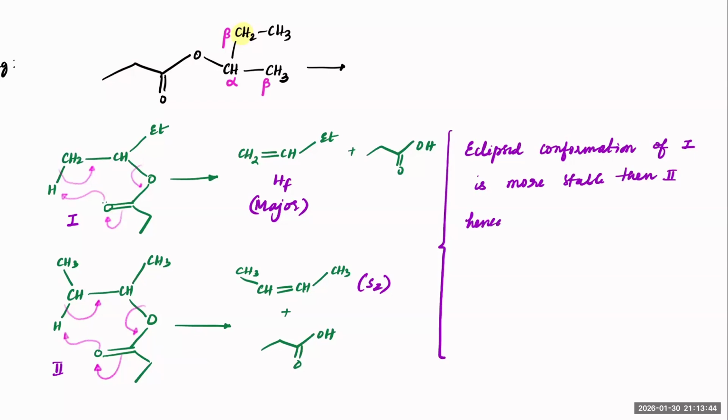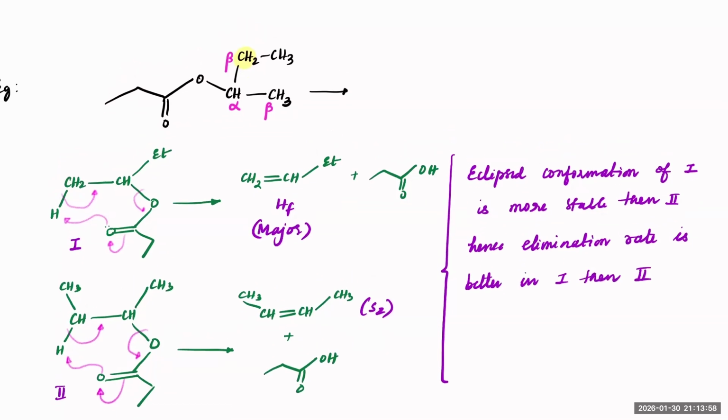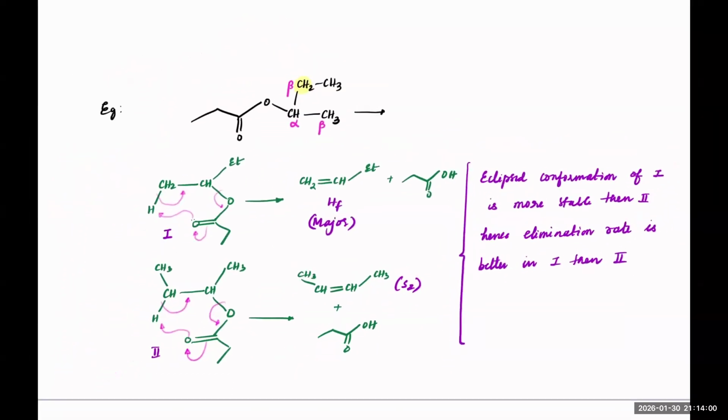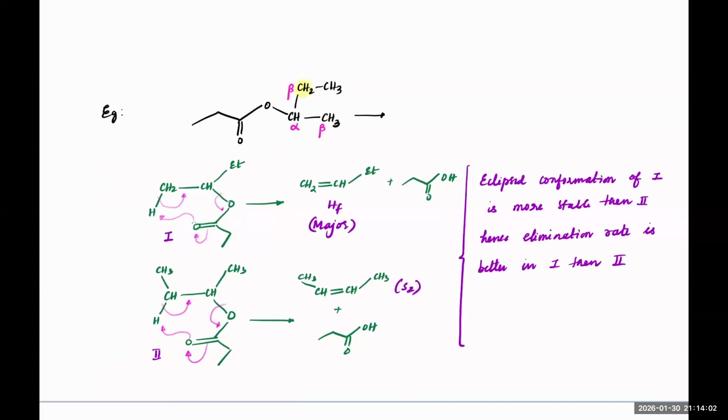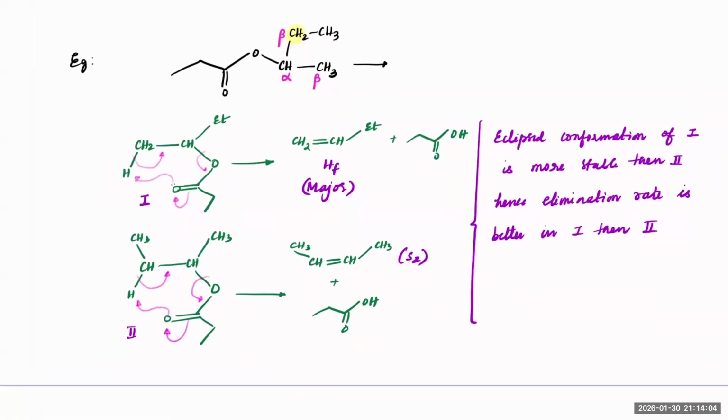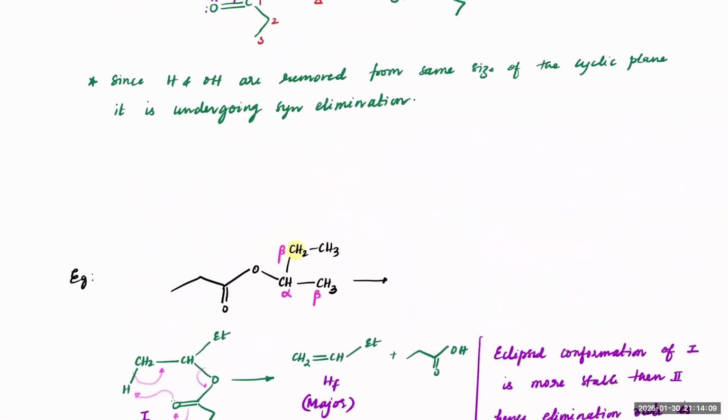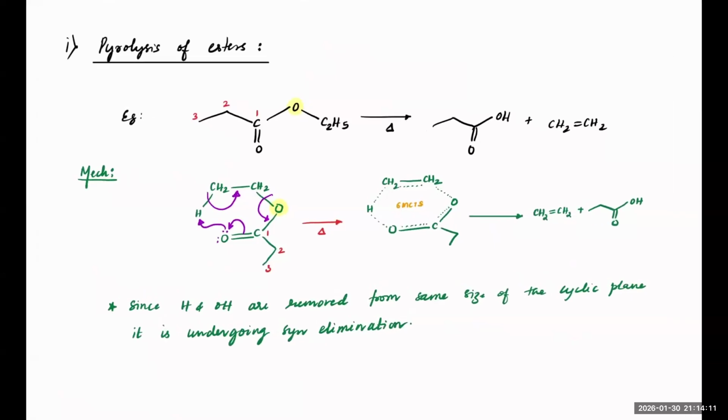Hence, elimination rate is better in the first than in the second. Okay, this is what you need to learn. Make a note quickly. If you haven't written this, please go through it once quickly.